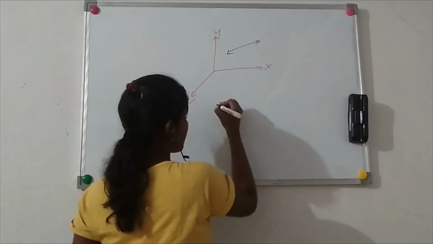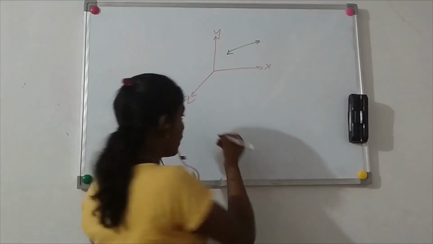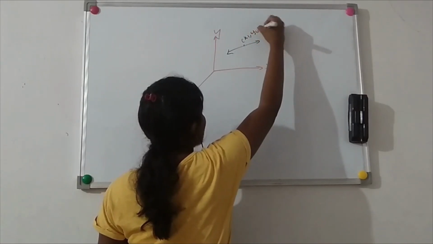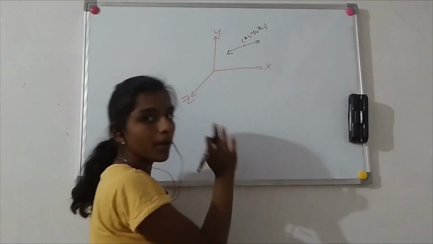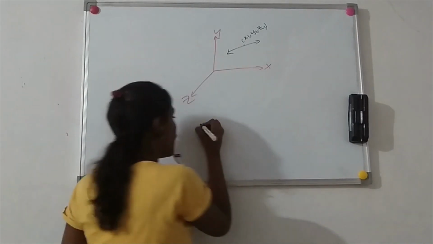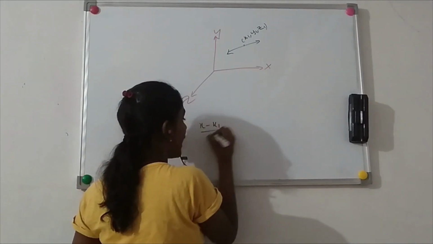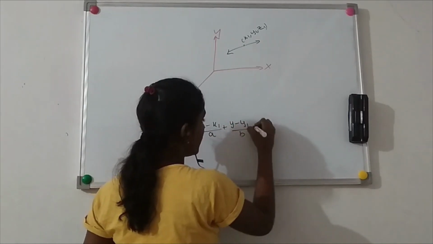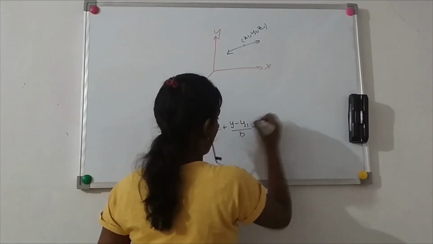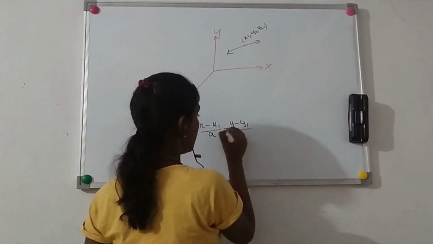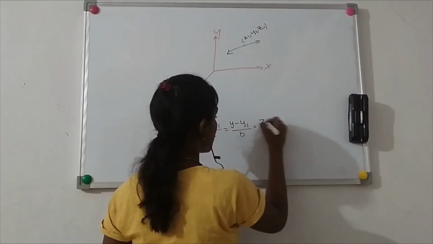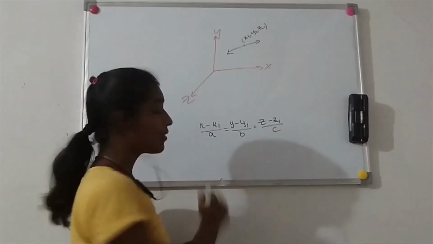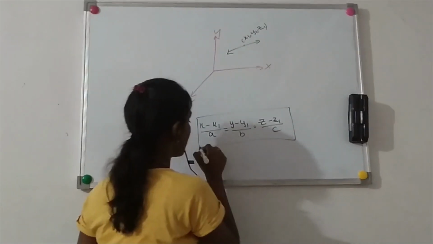If there's a point (x1, y1, z1) on this line, then (x minus x1) by a equals (y minus y1) by b equals (z minus z1) by c. This is the general form of a line equation.